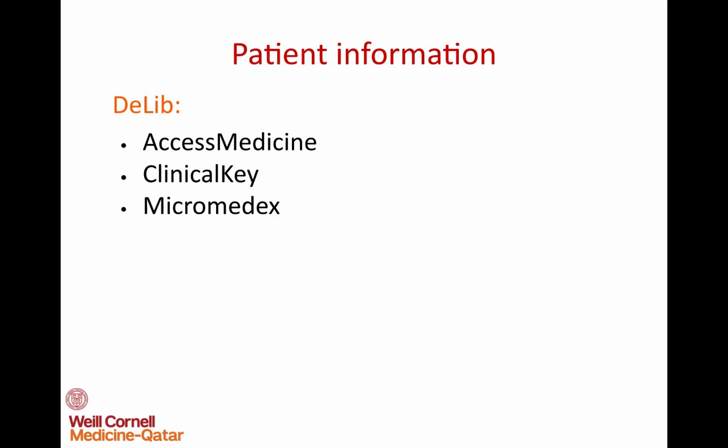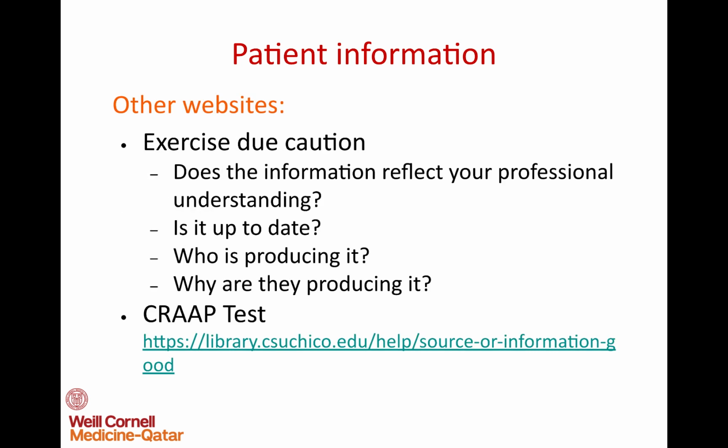Also, we'd like to give you a quick note about patient information. We've told you before about using Access Medicine or Clinical Key or Micromedex. There's also plenty of information available on the open web, but we would stress that you need to exercise due caution when using it. Does the information on a particular website reflect your professional understanding of the disease or the treatment or whatever it is you're looking up and want to tell your patient about?